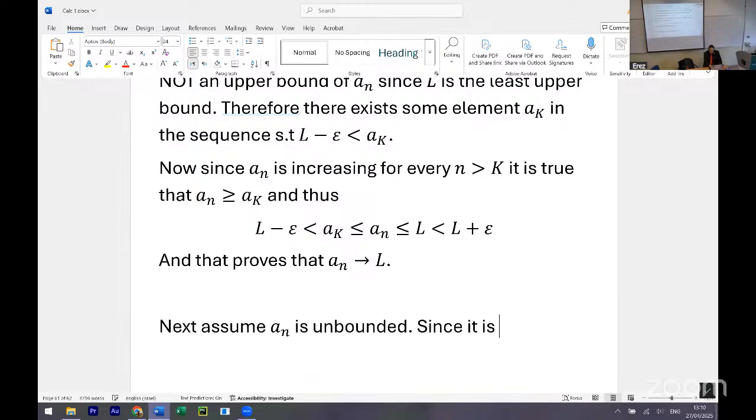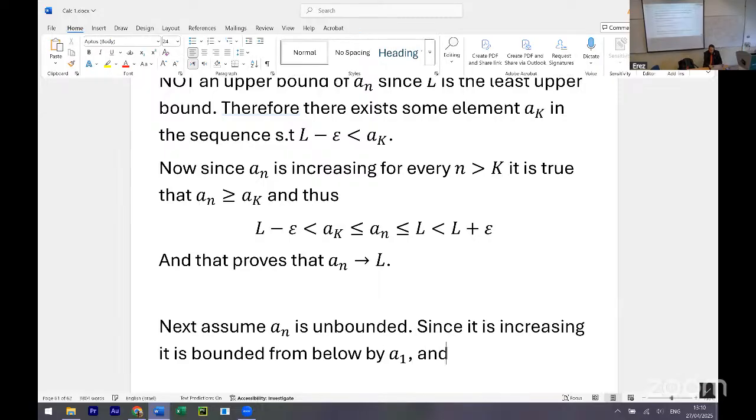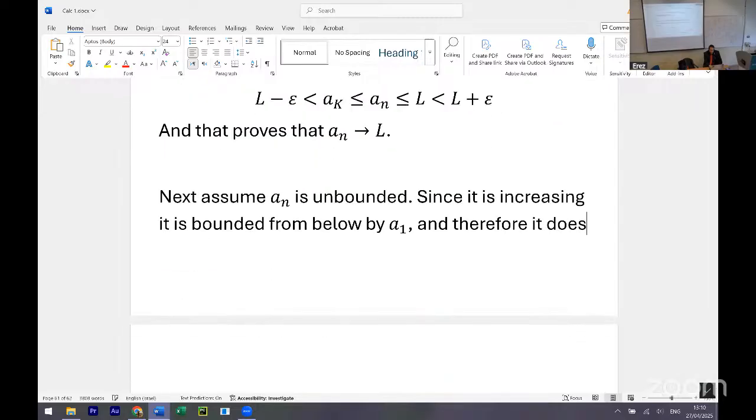Since it is increasing, it is bounded from below by the first element, and therefore it doesn't have an upper bound. So if I'm saying the sequence is increasing and unbounded, it must be that it's unbounded from above, because it's increasing. From below, it is bounded by the first element, but from above, it is not bounded.